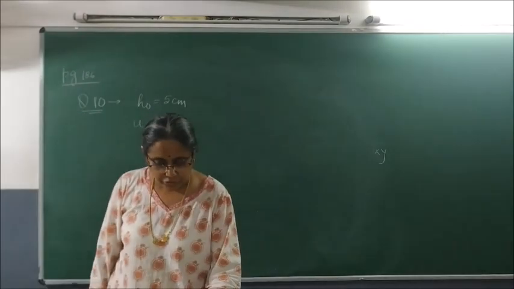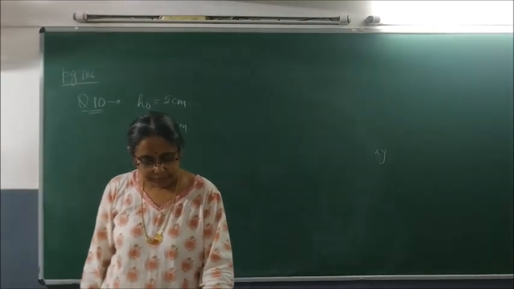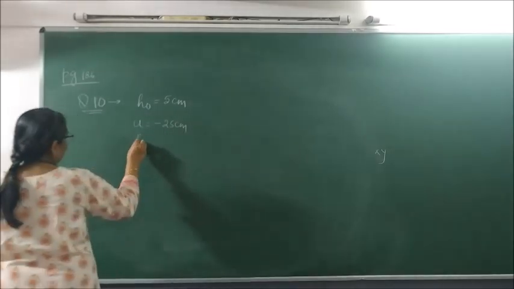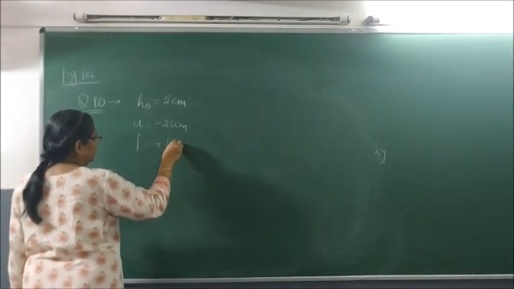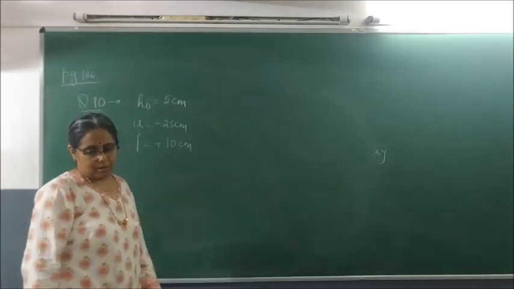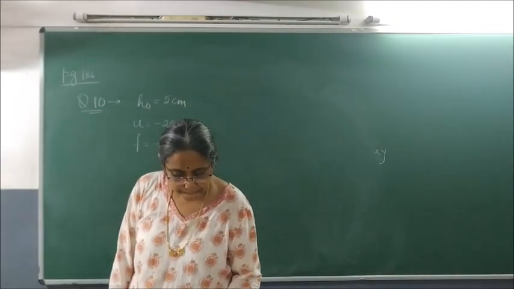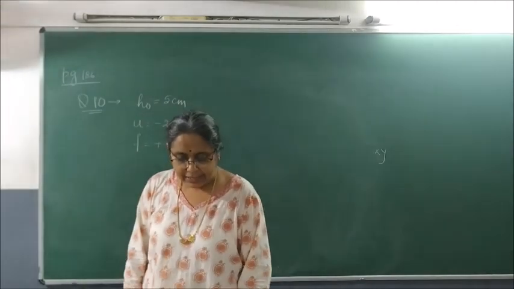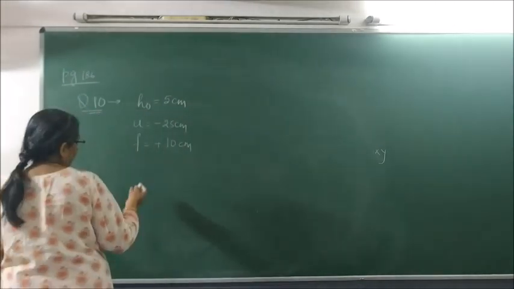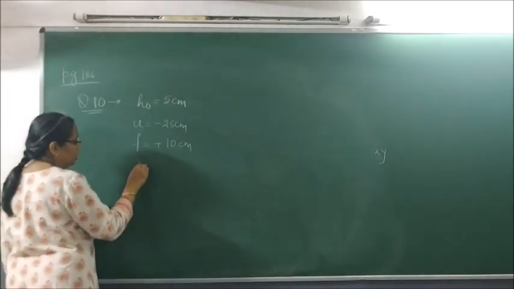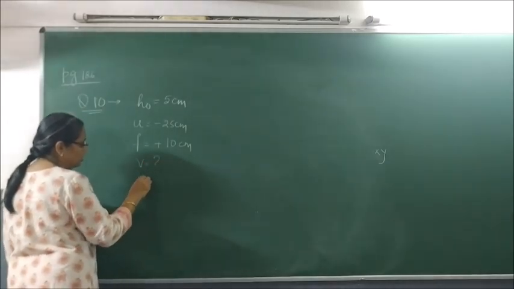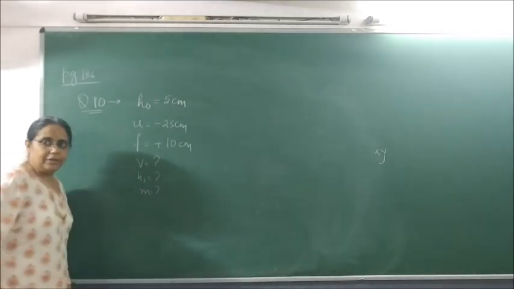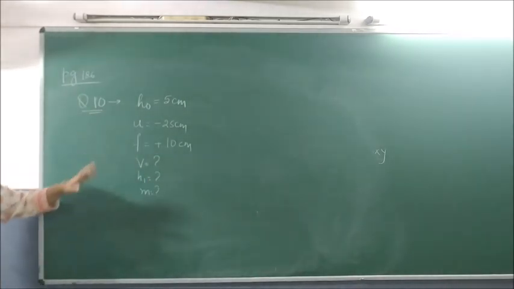From a converging lens of focal length 10 centimeter. So F is equal to plus 10 centimeter. Okay. You have to find the image position, so V you have to find out. Size of the image, HI, you have to find out, and you have to find out magnification.